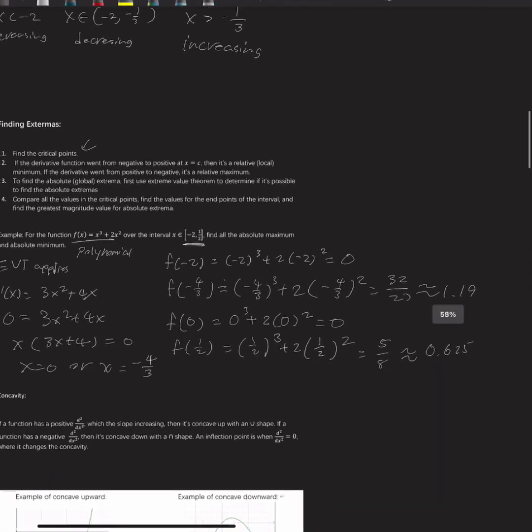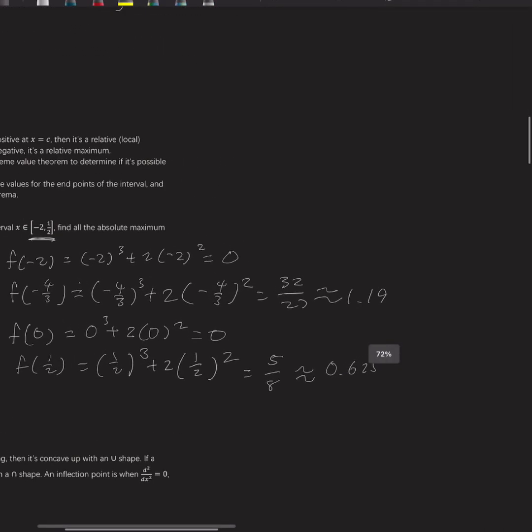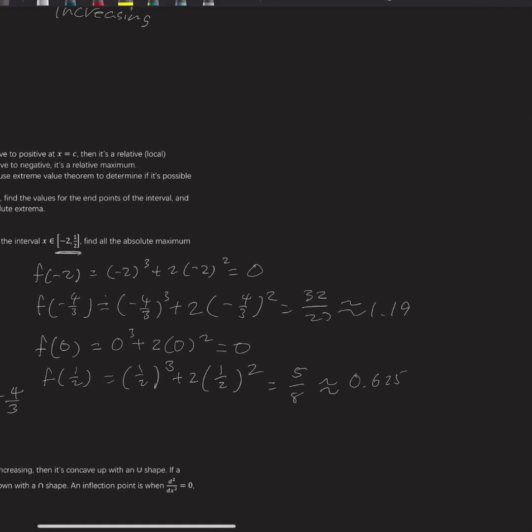So let's compare all the values. The most positive value we see is f of negative 4/3. So f of negative 4/3 is an absolute maximum.